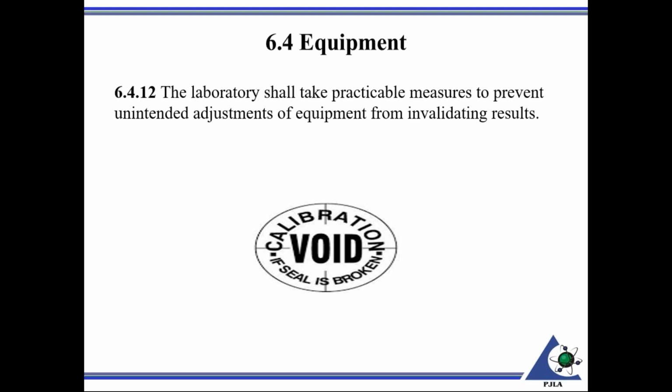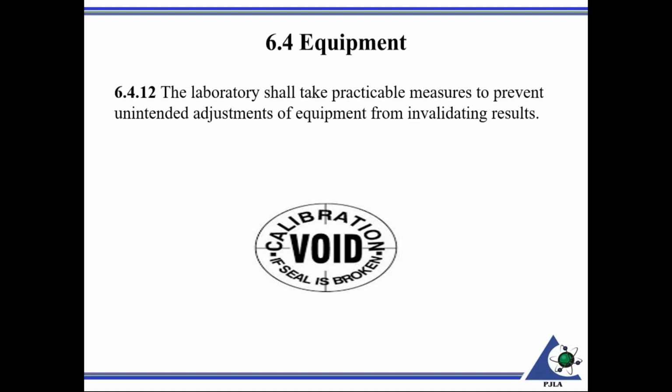6.4.12, the laboratory shall take practical measures to prevent unintended adjustment of equipment from invalidating results. So again, with calibration, your calibrator, often when the equipment is out of tolerance, can perhaps break a seal, go inside, adjust the instrument, and bring it to within applicable tolerances.